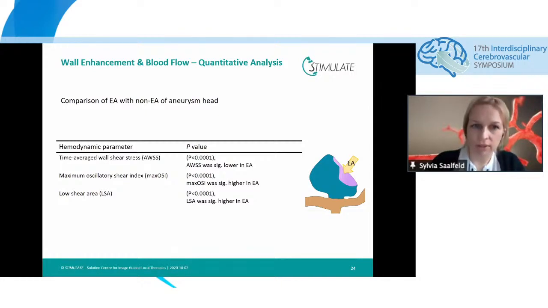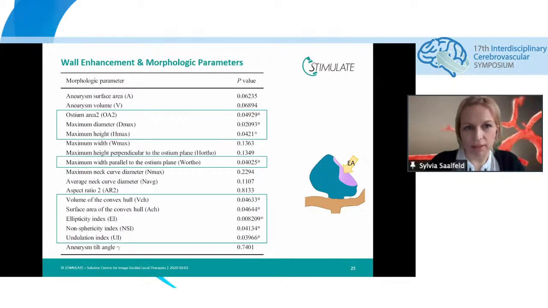We, of course, carried out a statistical analysis of the morphological parameters. And here, many of these parameters were statistically significant with the enhanced area's size. This time, again, we used the percentage size of the enhanced area.